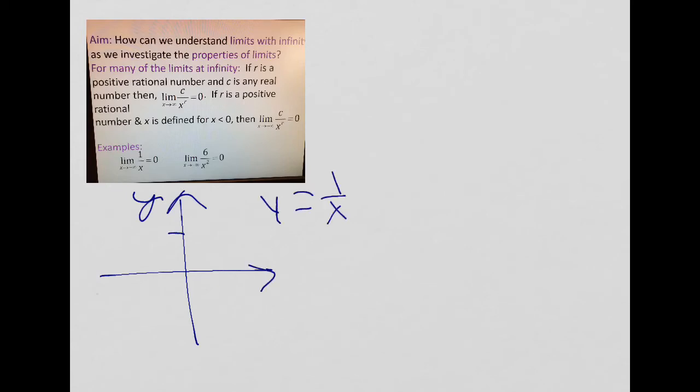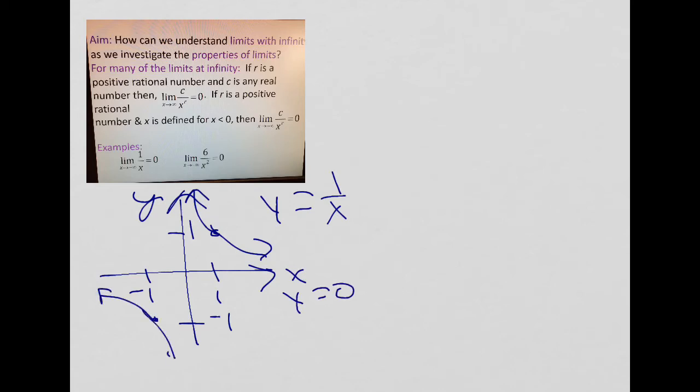I'm showing it with x approaching negative infinity because it doesn't matter if it's negative or positive. And we know that from the first one because it is our common function, y equals 1 over x, and you can sketch that without a graphing calculator, and you know what that looks like. The x-axis is also your horizontal asymptote, and the y-axis is also your vertical asymptote. So as x approaches negative infinity or positive infinity, the answer is 0.